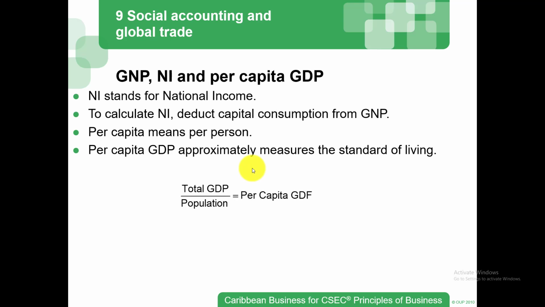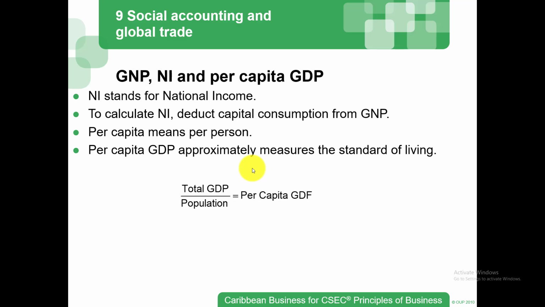Now, these are other indicators, other measures of national income. You have NI, which is national income, and NI can be interchanged for GDP. When you see GDP or national income, they tend to be one and the same, especially if you're an econ major.